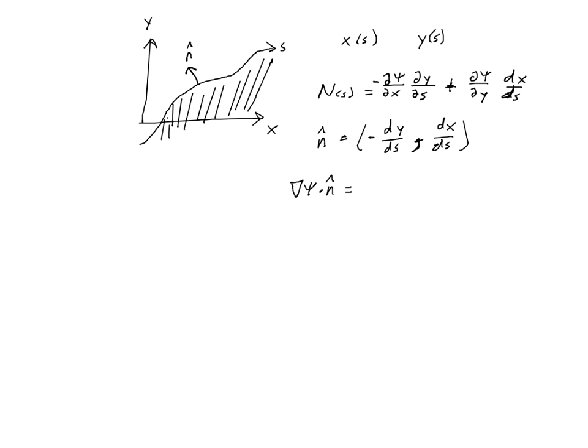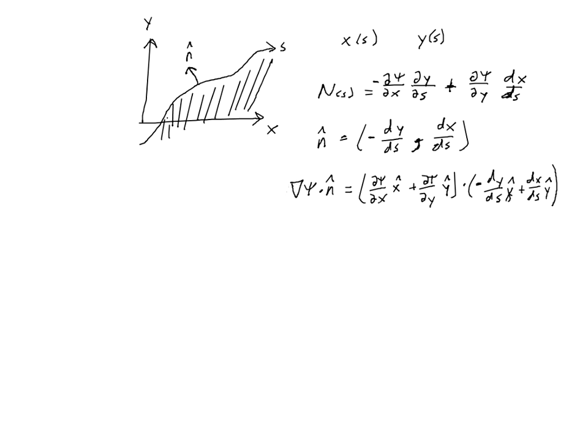Then what that's really doing is it's saying we're going to take partial psi with respect to x, x hat, plus partial psi with respect to y, y hat. And then all of this is being dotted with minus dy/ds in the x hat direction, plus dx/ds in the y hat direction. Okay?